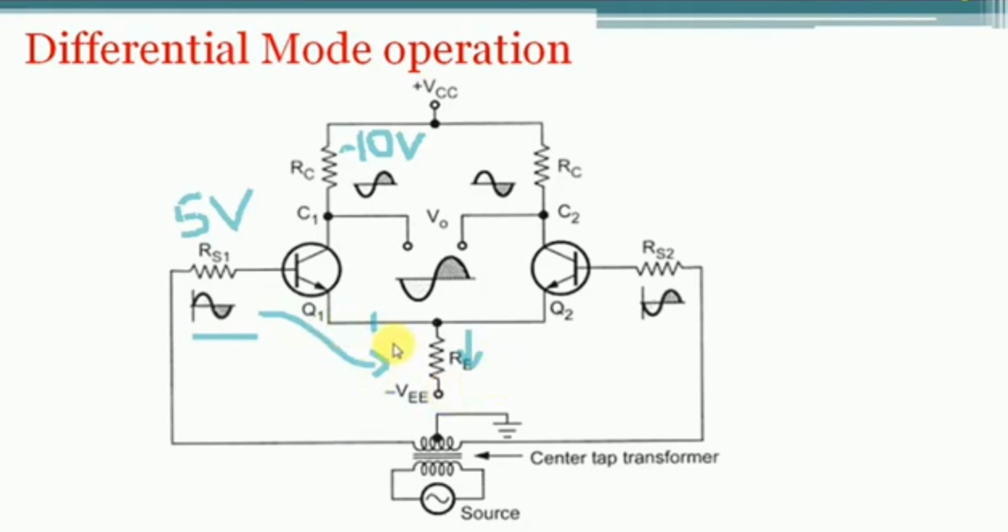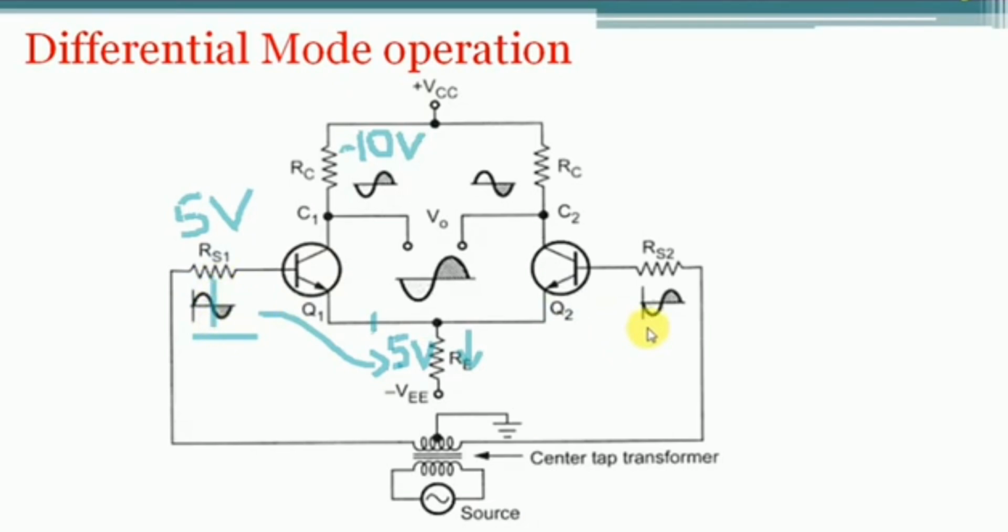That means the same signal as the base input will be present at the emitter terminal. At the base we have a 5 volt signal, so at the emitter terminal we also have a 5 volt signal. This is how transistor Q1 acts when a positive half cycle is applied at the base of Q1.